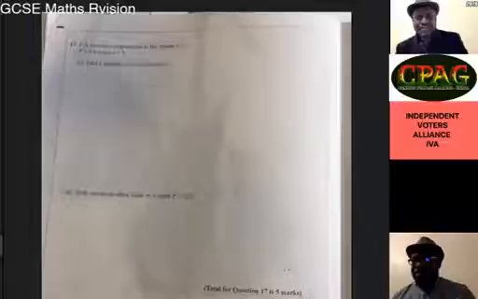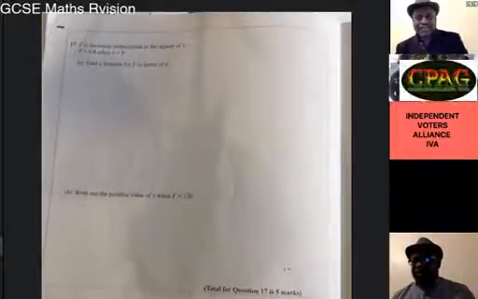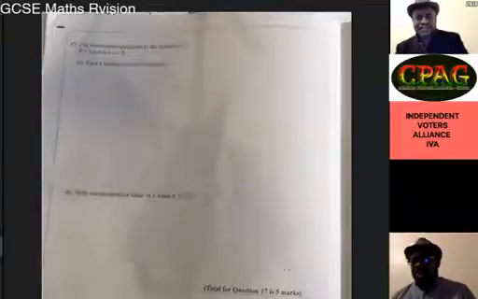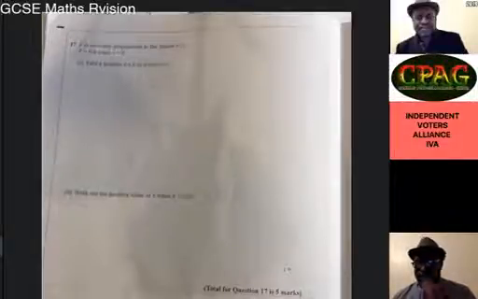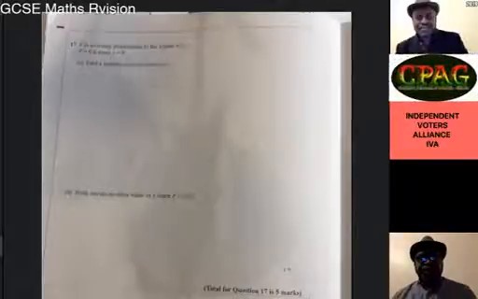So what it simply means is that if f is inversely proportional to the square of x, then as f decreases, the value of x increases and vice versa. So let's look at how we're going to create that formula.